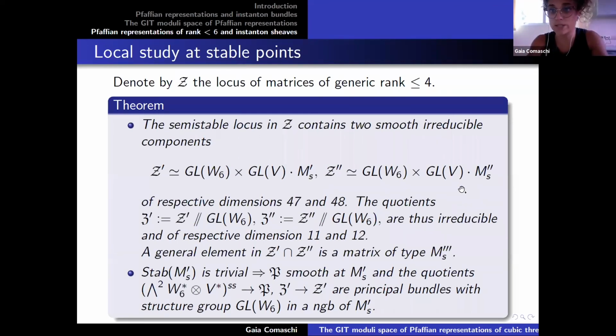So when we take the quotient of these components, we will get two irreducible schemes of dimension 11 and 12.